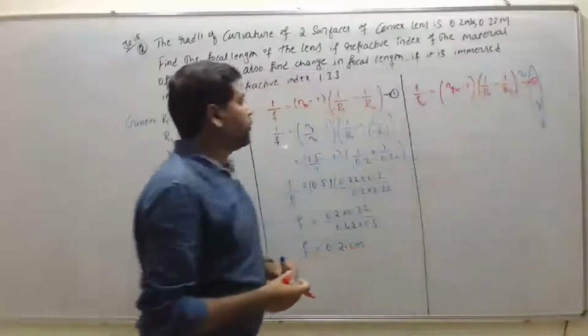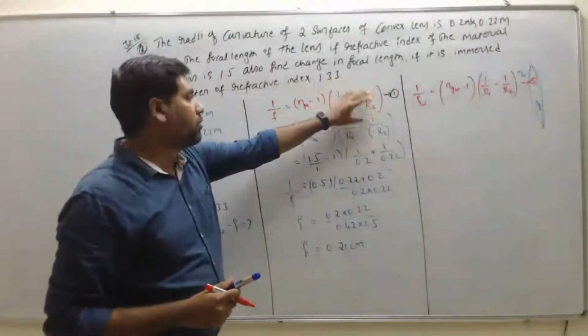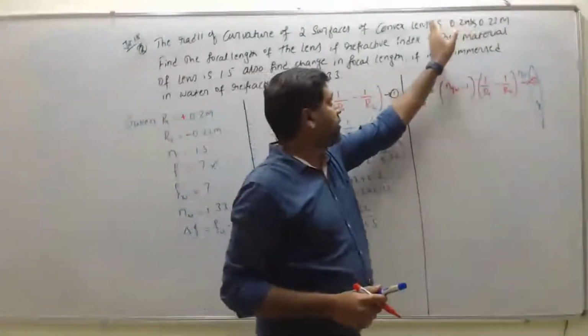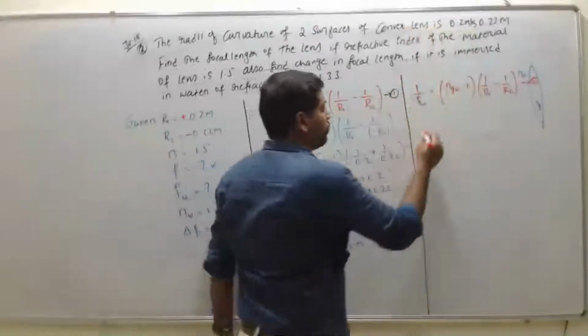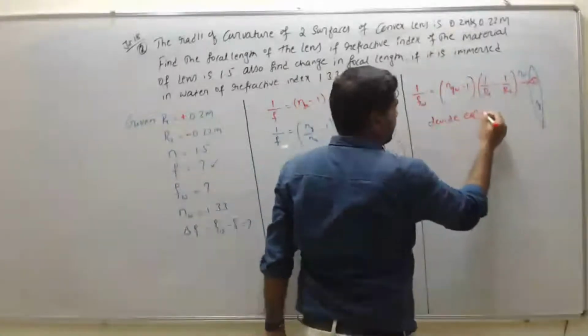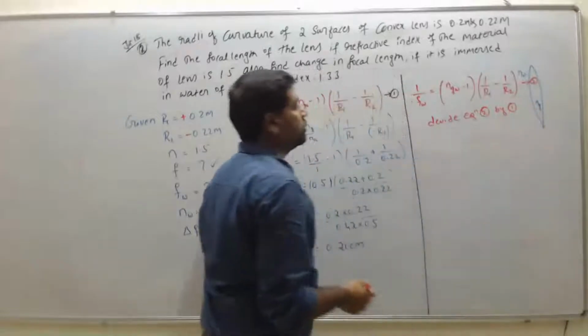So if we observe, the value of 1 divided by R1 minus 1 divided by R2 is the same, that is constant for the given convex lens. Then divide equation 2 by equation 1.